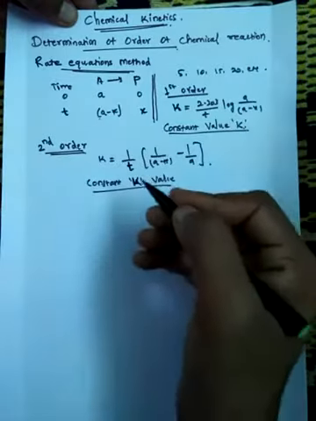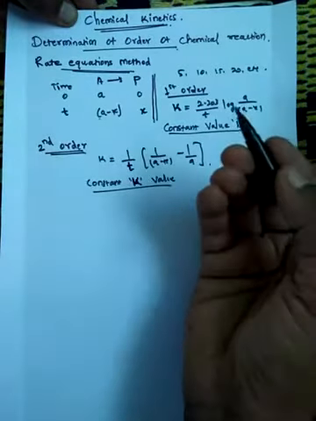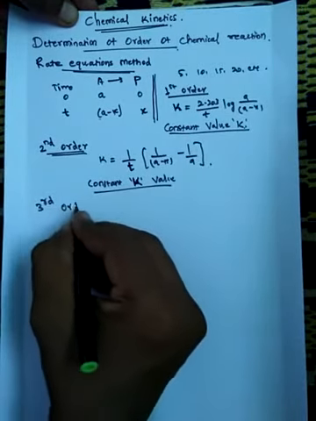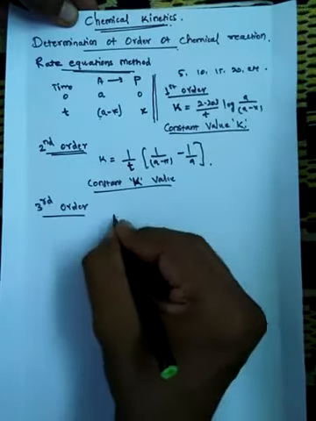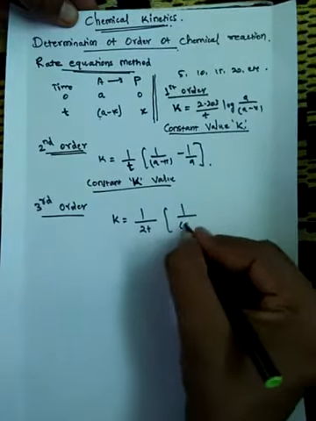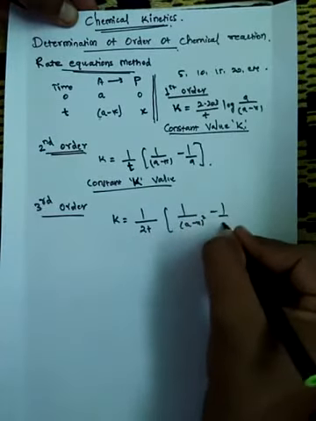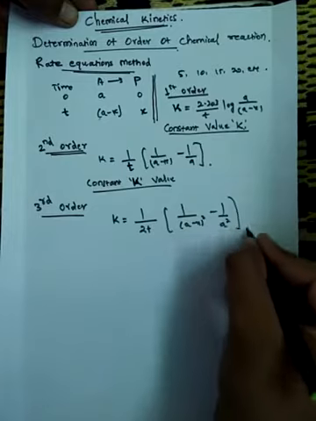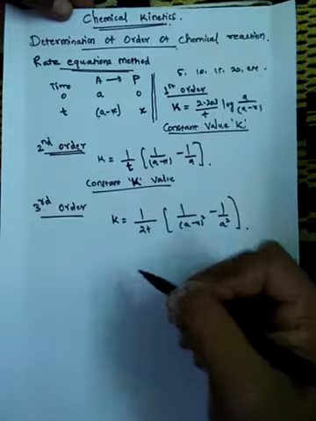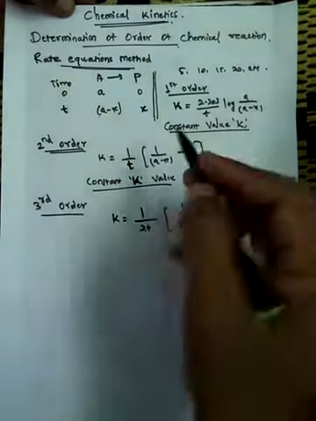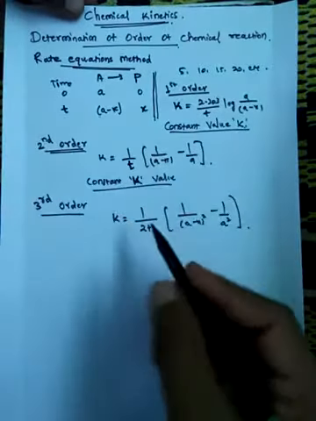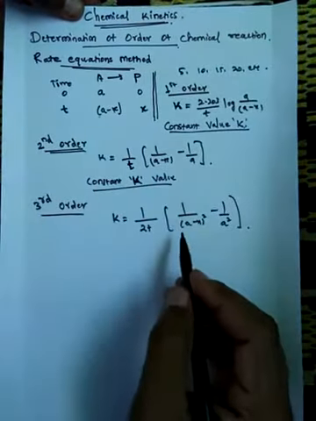So then I have to check for a third order reaction. k equal to 1 by 2t into 1 by a minus x whole square minus 1 by a square is the integrated form of rate equation for the third order reaction. If the reaction is not first order, if the reaction is not second order, then I will have to check for the third order.